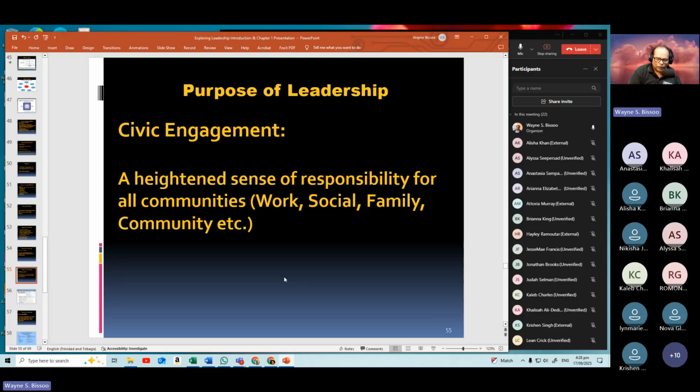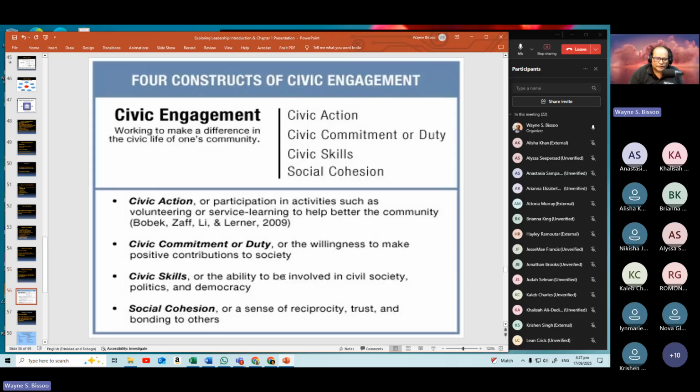And it's not just work, although a lot of it tends to focus around our work activities, but it's our work, social life, our family, the community where we live, and by extension, the whole world around us. Civic engagement involves these types of activities.